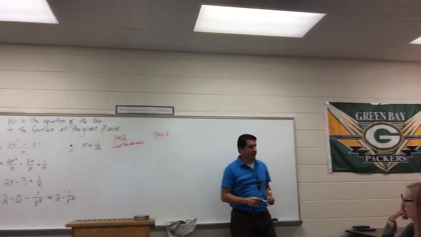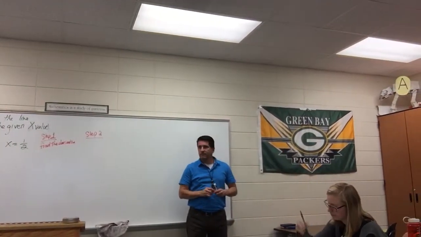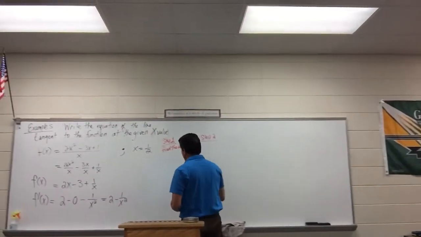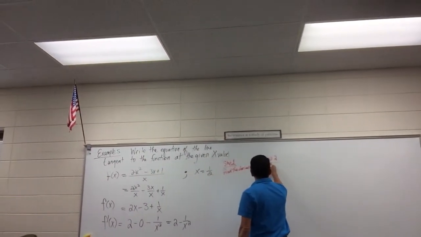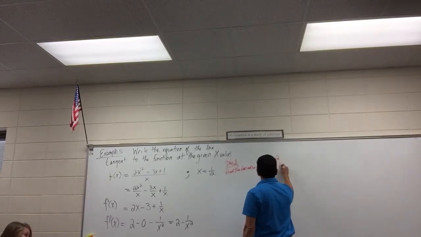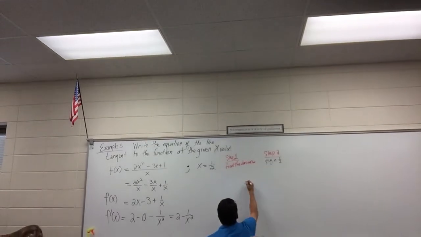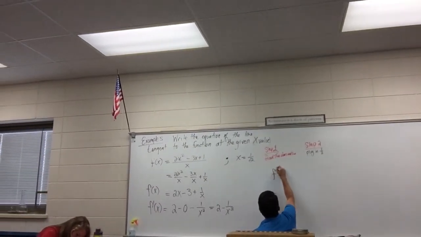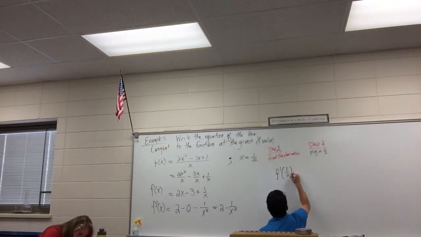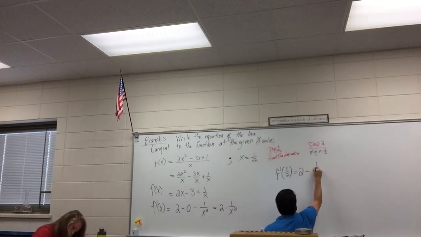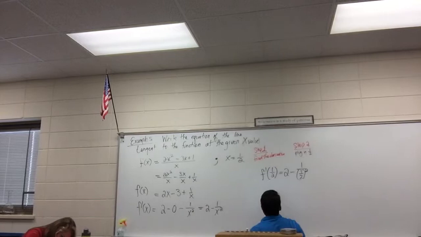Step 2. What is the derivative good for? Finding the slope. Okay, so let's find the slope. So we're going to plug in the 1/2. So step 2, what is f prime of a half? What's 2 minus 1 over 1/2 squared?